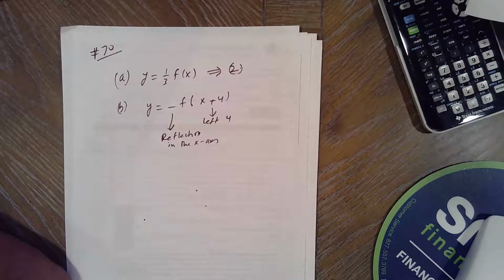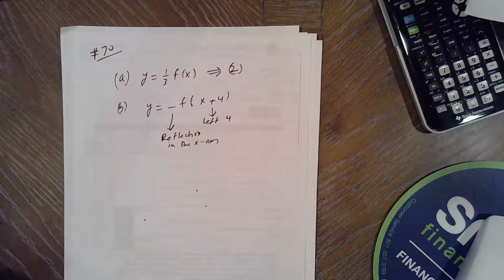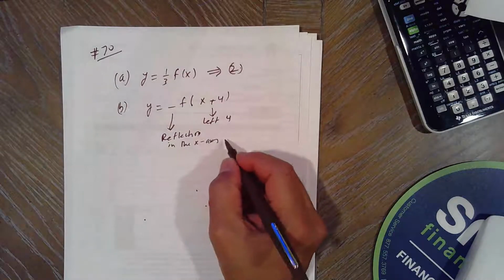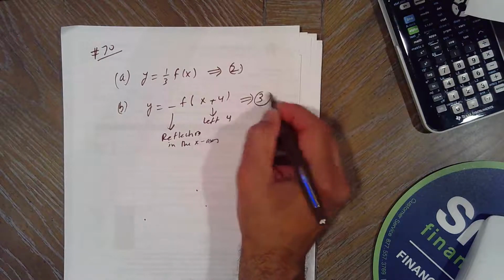So let's see, 4 to the left, 1, 2, 3, 4, and reflected in the x-axis. The only one that's going to match is 3 here. Okay, so B is 3.